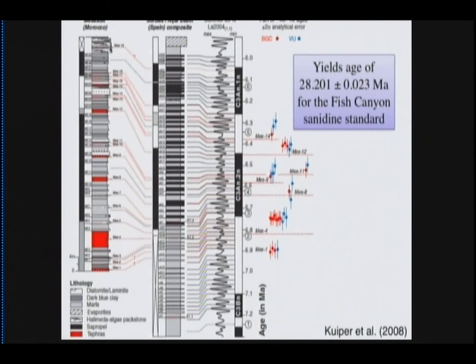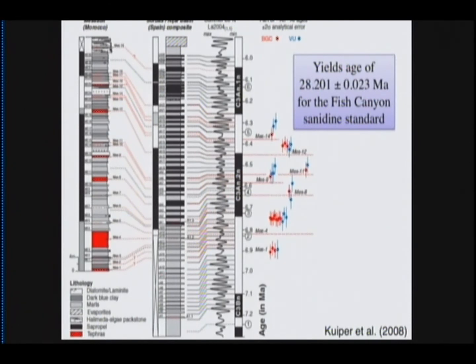And so using this approach, this astronomical tuning, so-called, each of these red dashed lines represents a volcanic tuff. And one can calculate the age based on this astronomical tuning model for each horizon in the section.